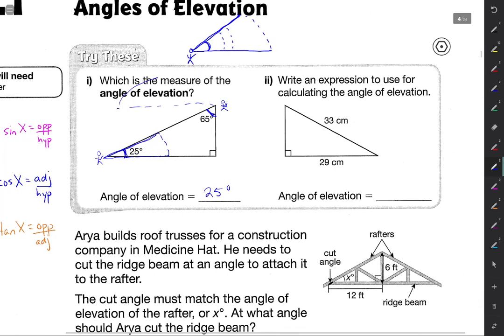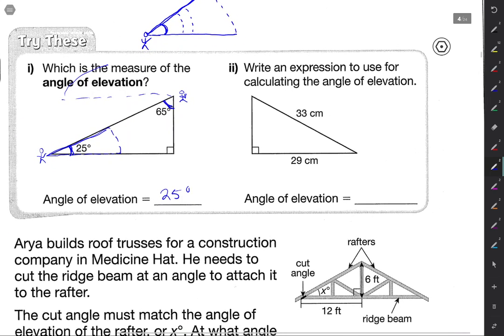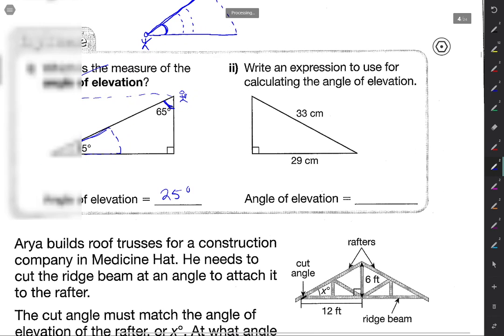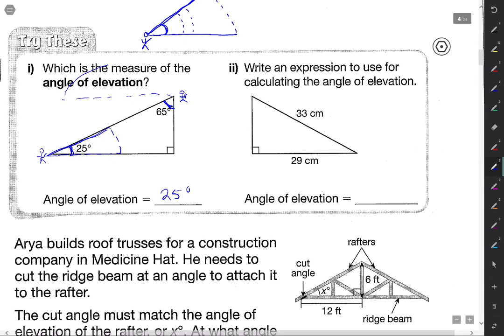In the next one, it says, write an expression to use for calculating the angle of elevation. So we have to determine what is the angle of elevation in this triangle. Where we look straight forward and then up would be down in this corner. If we put a little stick man, he would look straight ahead down here and then upwards, creating this angle of elevation in here.